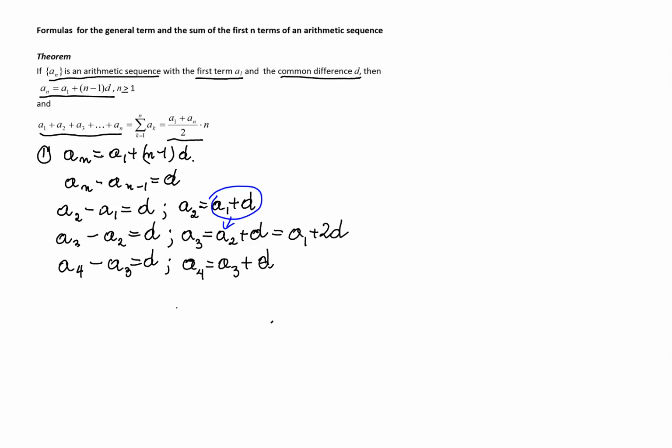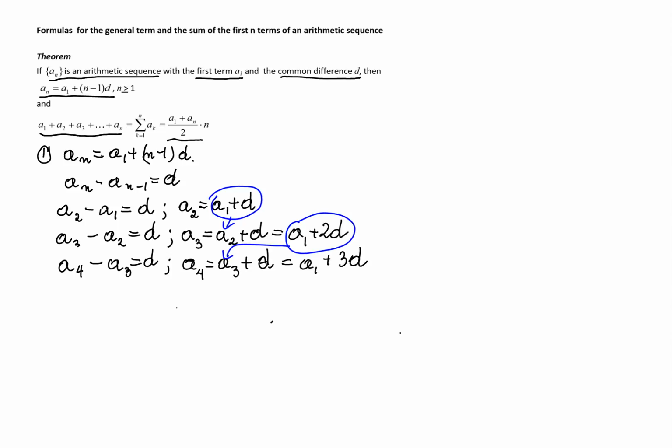But again, the a sub 3 term is a sub 1 plus 2d. So if we replace a sub 3 with that quantity, then we'll have that this is a sub 1 plus 3d.